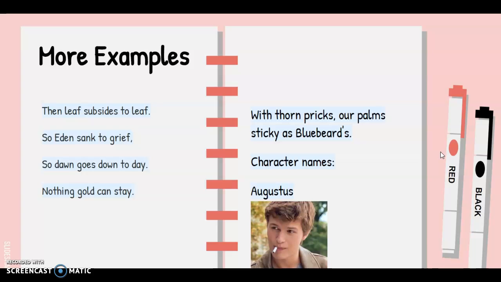But again, even if you don't know who Augustus is, or you've never read Julius Caesar, you can guess that this name is probably an allusion because it's a very strange name for a 17-year-old character in modern times to have. So the fact that this name is so strange and so out of place in the story might signal to us that this name is an allusion to something else.